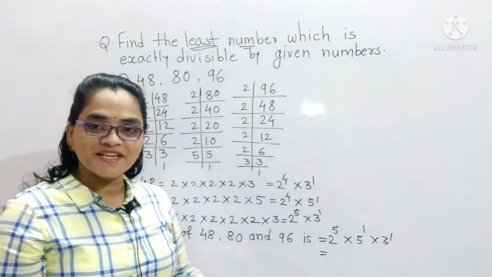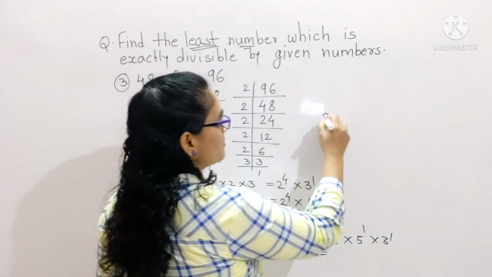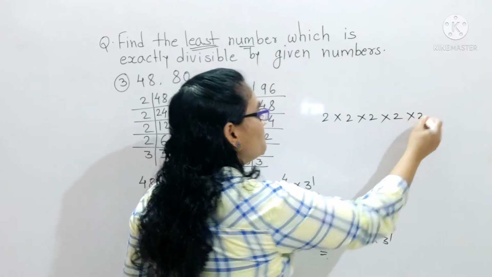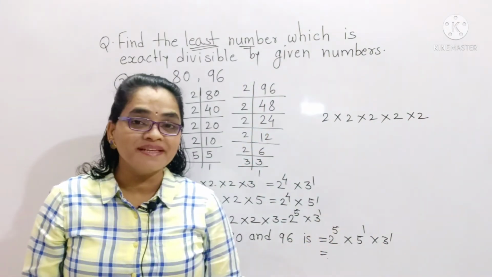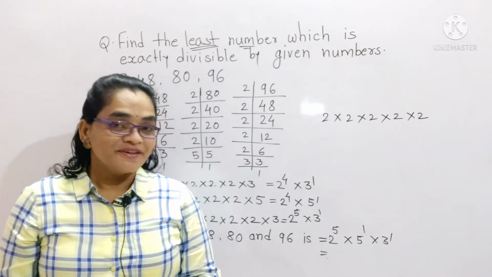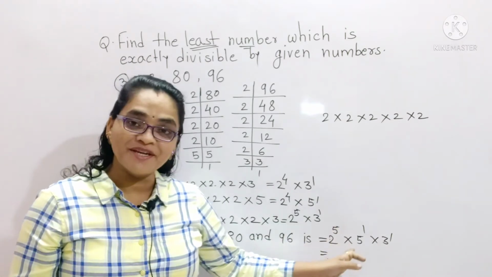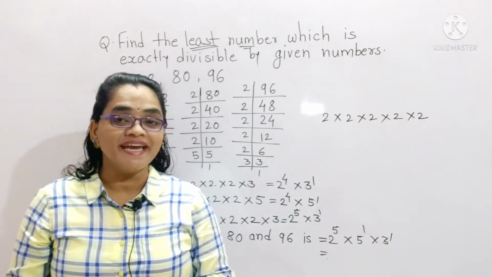And find its product. 2 raised to 5, remember, means 2 has to be multiplied 5 times: 2 into 2 into 2 into 2 into 2. Don't get confused here. 2 raised to 5 does not mean 2 5s are 10. It is wrong. Some students are finding the answer like this: 2 5s are 10, 10 into 5 is 50, 50 into 3 is 150, and the LCM will come out wrong.